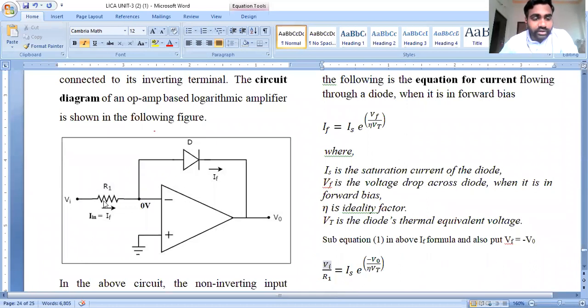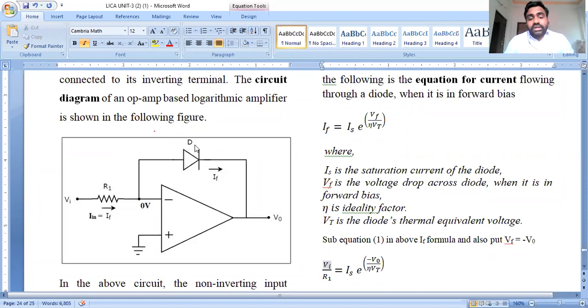The input is connected to the inverting terminal of the operational amplifier, and the non-inverting terminal is grounded. And here we are connecting a diode. In nonlinear applications, we also connect negative feedback, but that negative feedback is employed with respect to diodes, transistors, BJTs and so on.